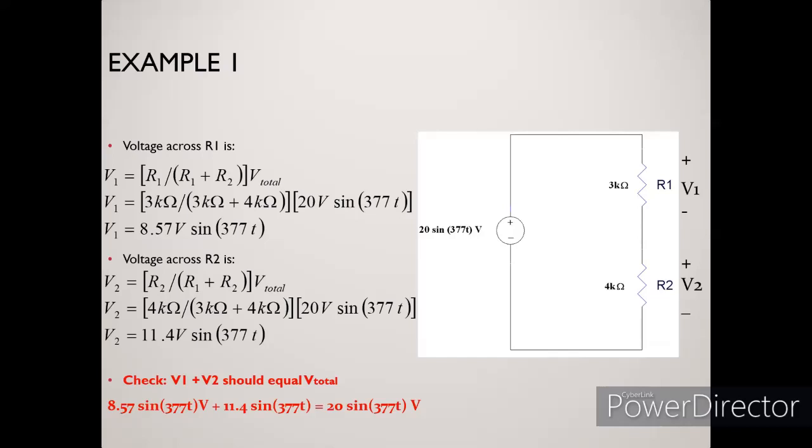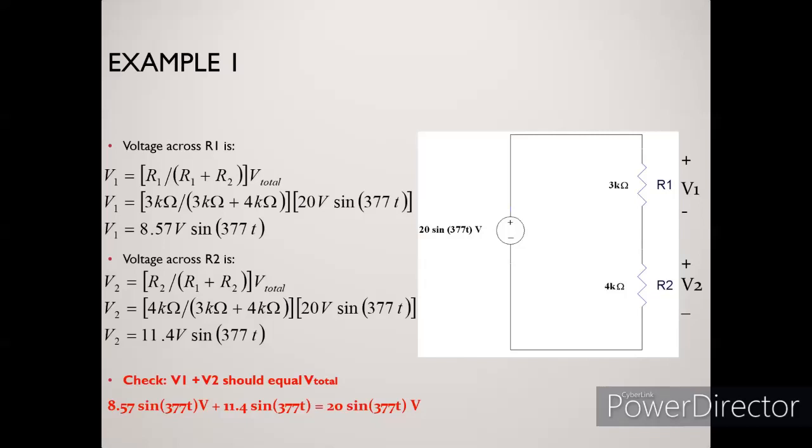The voltage across R1 is V1 equals R1 over R total times V total. We just substitute in the values and we'll get our V1. For V2, it is the same: R2 over R total times V total.